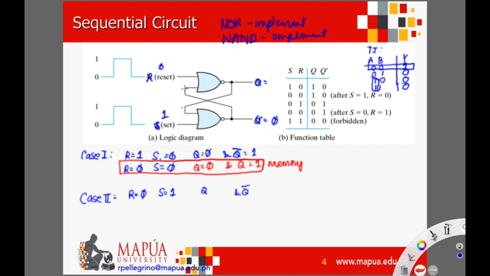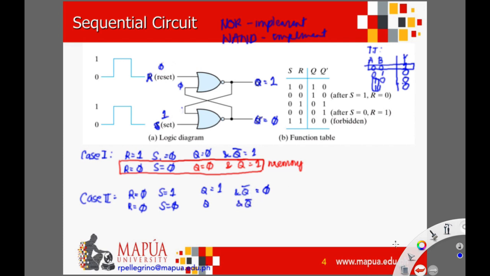So if this is 0 and this is 0, 0 NOR 0 becomes 1. So our Q is equal to 1 and Q bar is equal to 0. Now, what if we remove the inputs, which means R is equal to 0 and S is equal to 0? What will be the value of our Q and the Q bar?